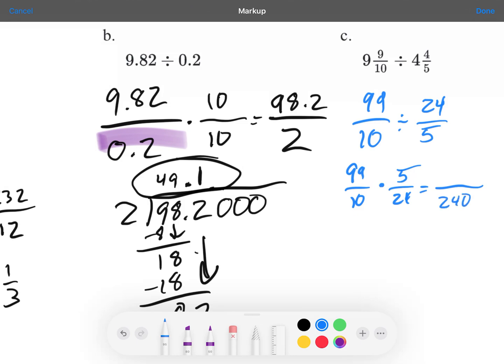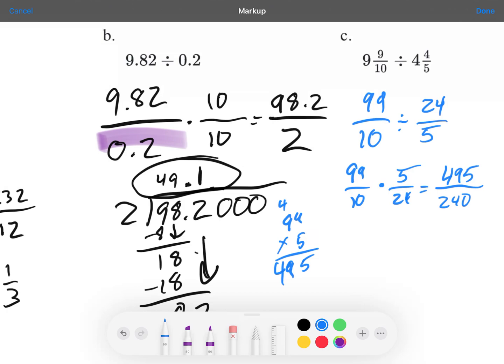And then here we go. The denominator is really easy. It's 240. 99 times 5: 5, carried the 4, and then we get another 45 plus 4 is 49, so 495. I can see that we can divide both of them by 5, can't we?